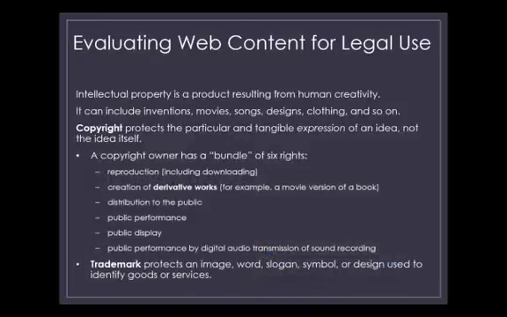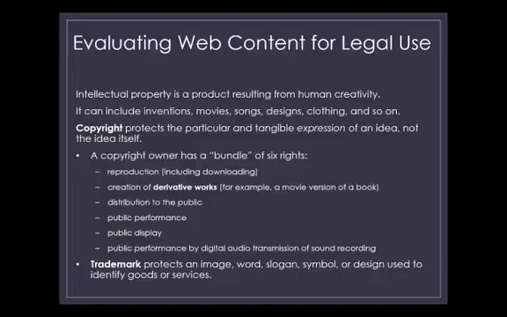The last bit of this is evaluating web content for legal use. Intellectual property is a product resulting from human creativity, and it can include inventions, movies, songs, designs, clothing, and so on. Copyright will protect the particular intangible expression of an idea, but not the idea itself.